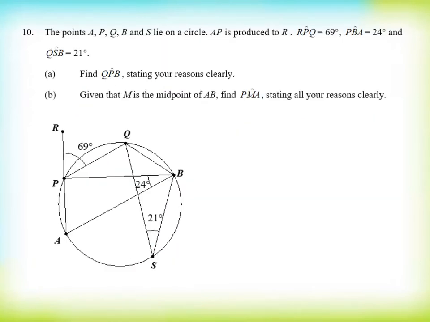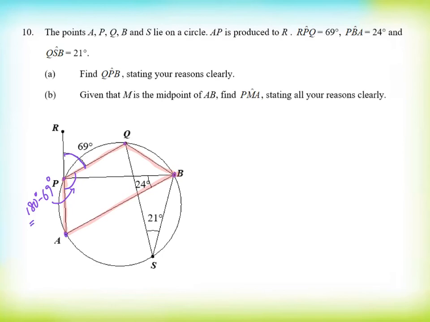The points A, P, Q, B are on the circle. Well, you can see that here we have a cyclic quadrilateral. Now, let's look at some information that we can find. I can see that this angle here is 69, and angles on a straight line will tell me this angle will now become 180 minus 69.